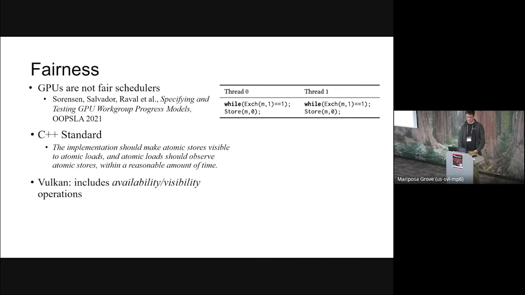That is still a very ambiguous part of these types of specs that I think we probably want to improve upon. Vulkan does go a little bit further than previous GPU languages, and other GPU languages currently, by including things like availability and visibility operations, which should provide you some control over how your memory propagates out to other threads. But there are still interesting problems here.